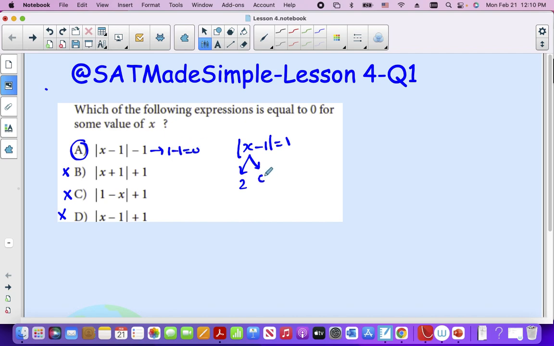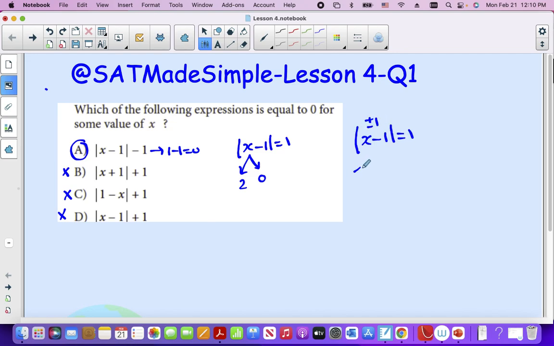Or if x is 0, 0 minus 1, the absolute value of -1 is 1, and therefore 1 minus 1 is also 0. Or if you do not know how to solve the modulus function, the absolute value of x minus 1 equal 1, we know that if it is plus 1 or -1, it will produce 1.